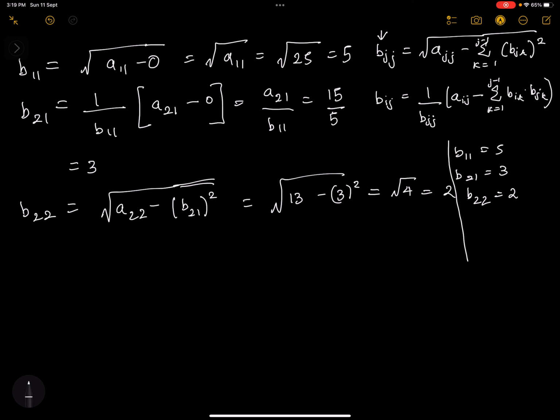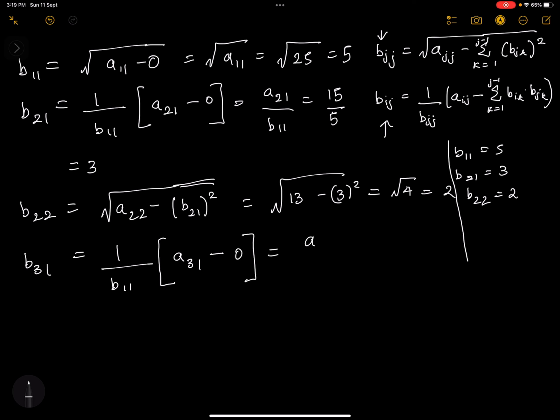Now let's solve for b31. This is the instance where i is greater than j, so we'll have to use this formula. So let's go about doing this. j is 1, so it will be 1 divided by b11 into a31 minus 0, because j is 1.